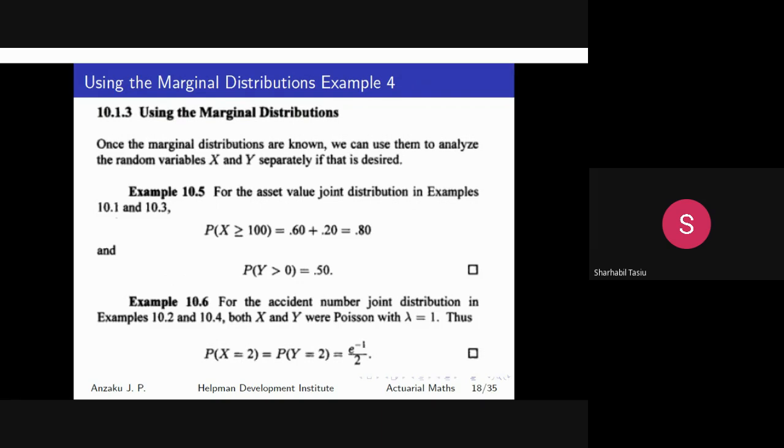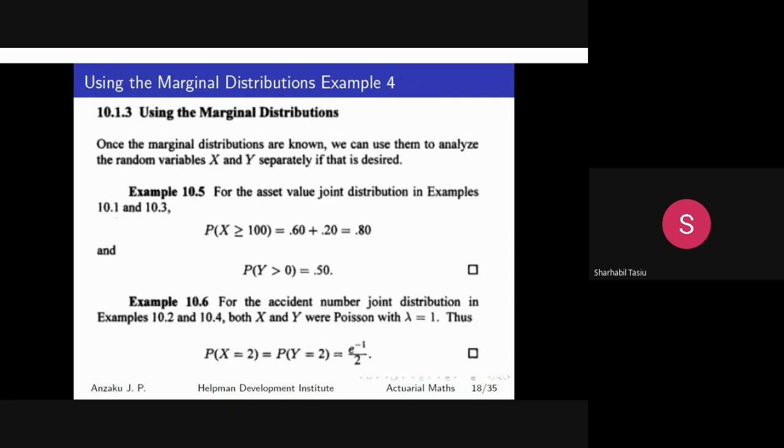Once the marginal distributions are known, we can use them to analyze the random variables x and y separately if that is desired. Like I mentioned earlier, if we already have the joint distribution, we can use it to analyze the separate random variables.